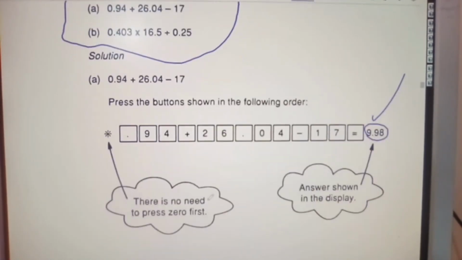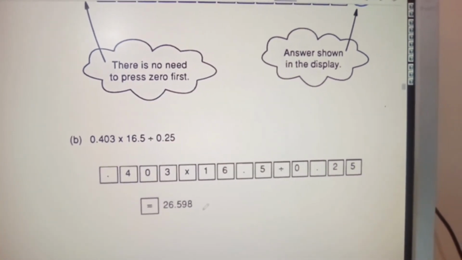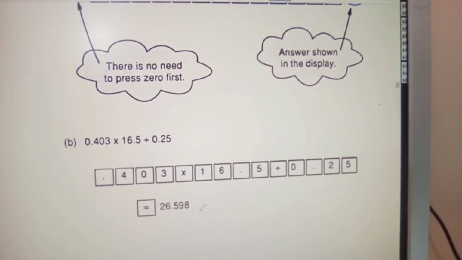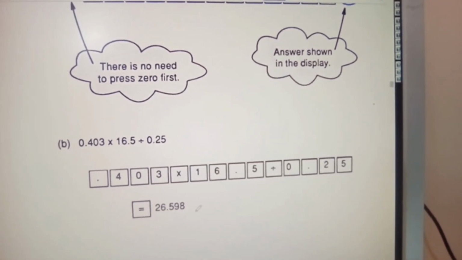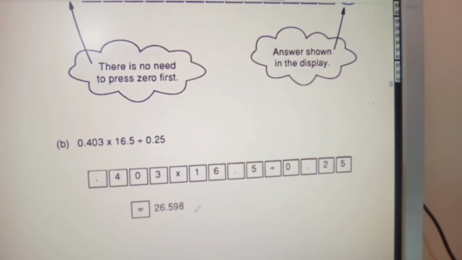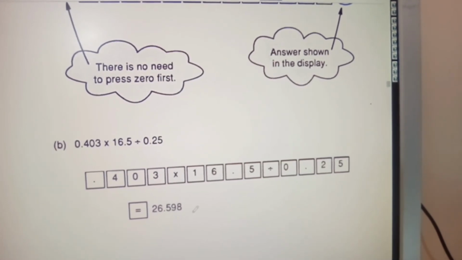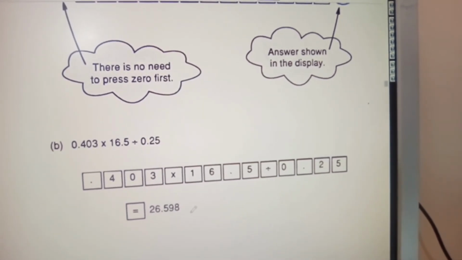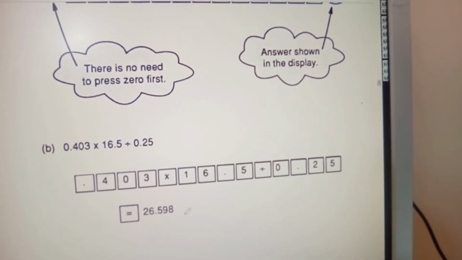Next one. Let's see what the result of that is. 0.403 times 16.5 divided by 0.25 equals 26.598.